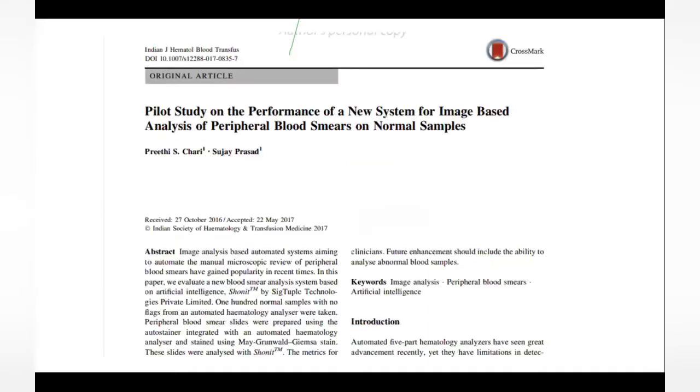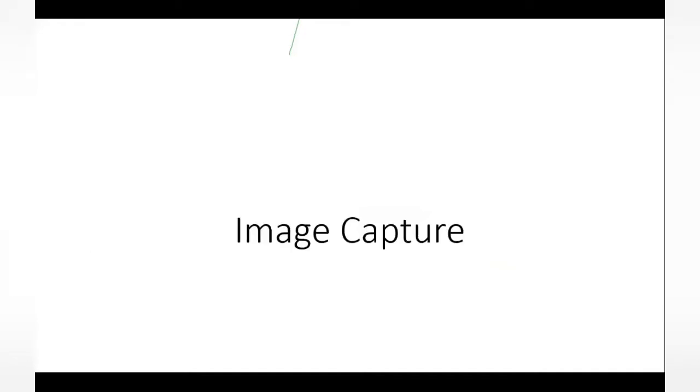And this is just a paper from a few years back, when I was working in Anand Lab, where Dr. Sujay and myself had worked with a company that used machine learning and artificial intelligence for building a software.